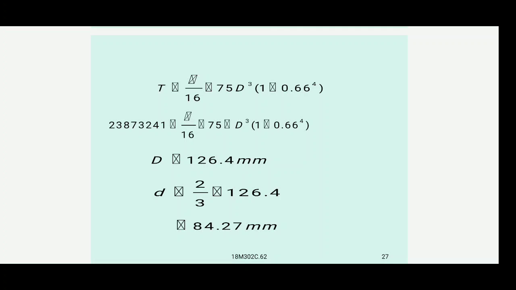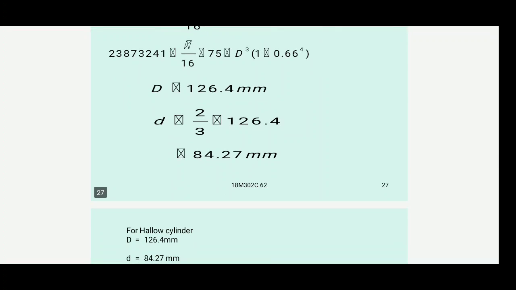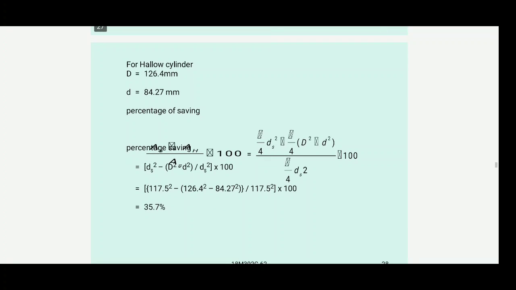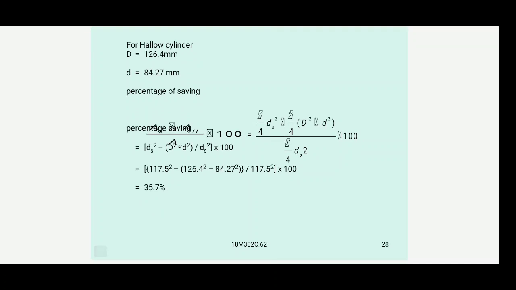For the hollow cylinder, the external diameter is 126.4 mm and the internal diameter is 84.27 mm.